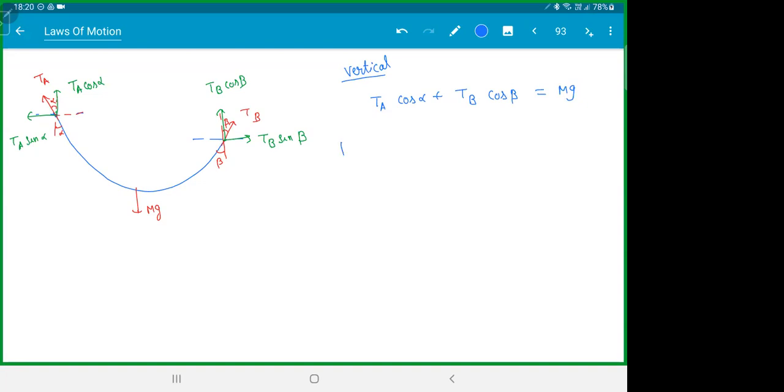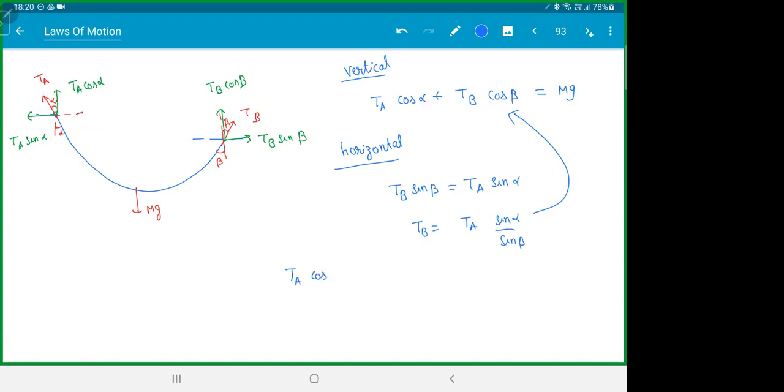And horizontal direction, TB sin beta is equal to TA sin alpha. Get TB from here: TA sin alpha by sin beta. Take this and put it in this.